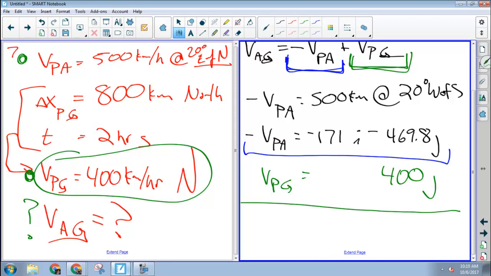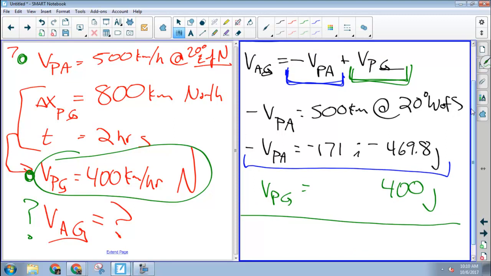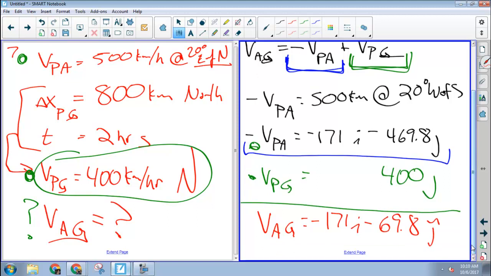Add them, right? Because we decided that the velocity of the air relative to the ground was negative VPA plus VPG. So add them up. So now the velocity of A relative to G is going to be negative 171i minus 69.8j. And now you just put your vector back together.